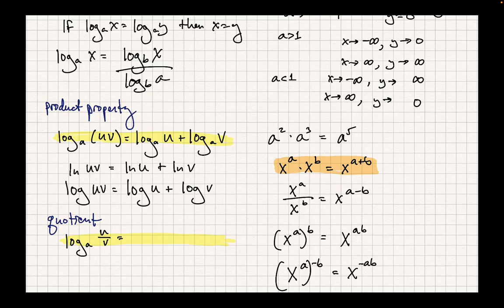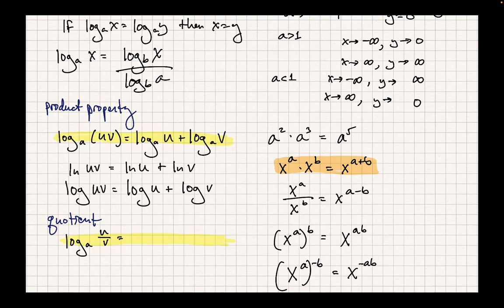Log base 10, log 1 equals 0, then log 10 equals 1. Would they multiply?